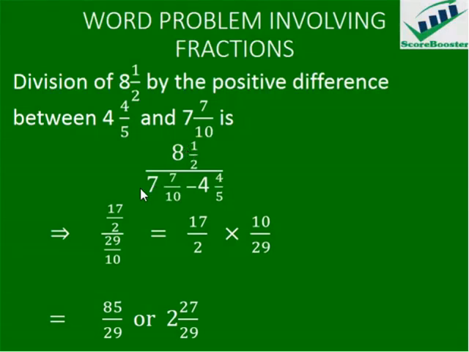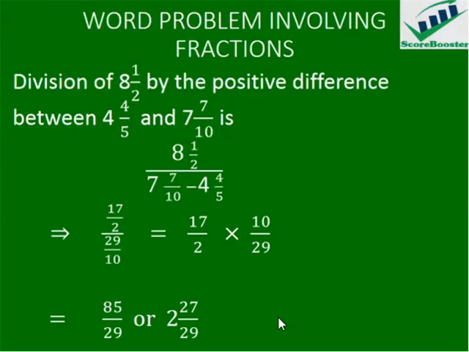So this is it. We already have the result for this. That's why we said you convert this to an improper fraction, like I taught you the other time. 2 multiplied by 8, 16. 16 plus 1, 17, divided by the denominator. That's why we have 17 over 2. And we already have the value for this, which is what? 29 over 10.